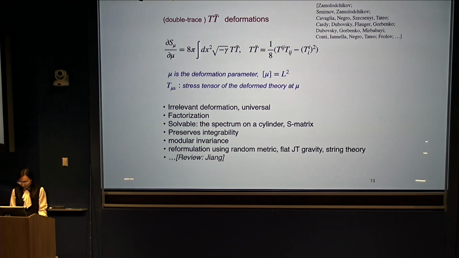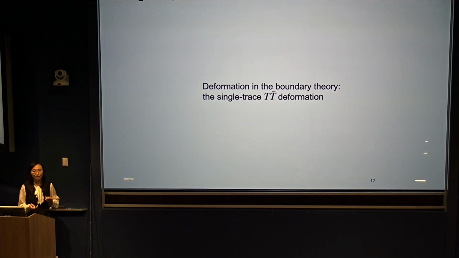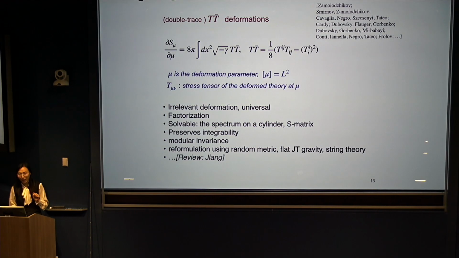Let me start talking about the deformation on the field theory side. I mentioned TTbar, so I need to start with the standard TTbar, which is familiar to lots of you. The standard TTbar can be defined from this differential equation of the deformed action at any deformation parameter mu, whose derivative with respect to mu is the determinant of the stress tensor at the value mu.